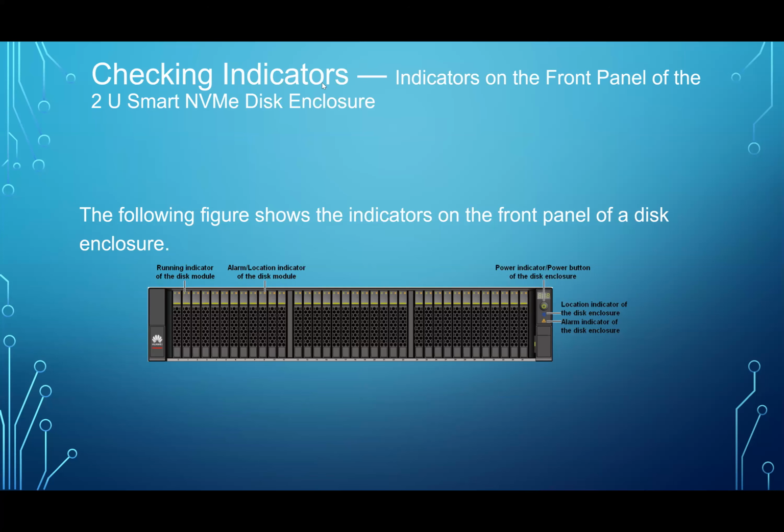It has the running indicator of each disk module. It has the alarm or location indicator of the disk module, the power indicator, power on button, the location indicator that is here, and the alarm indicator, which tells us if there is an active alarm on the disk enclosure.